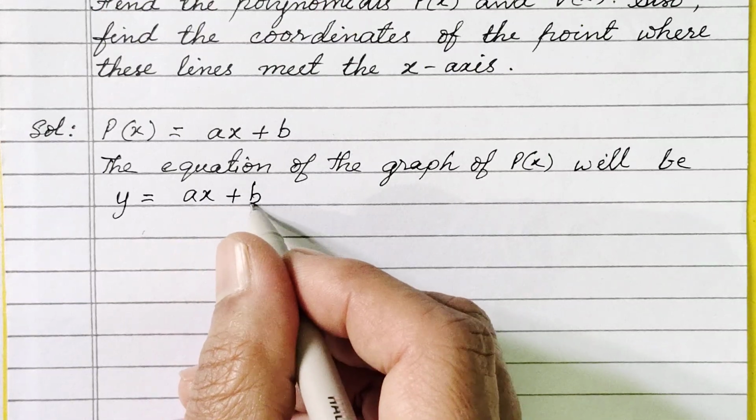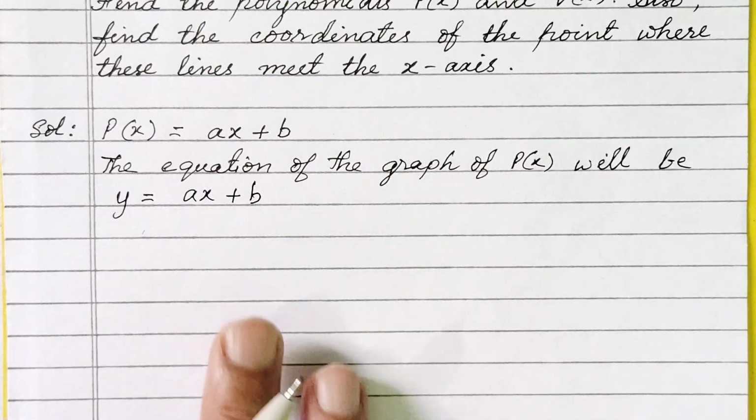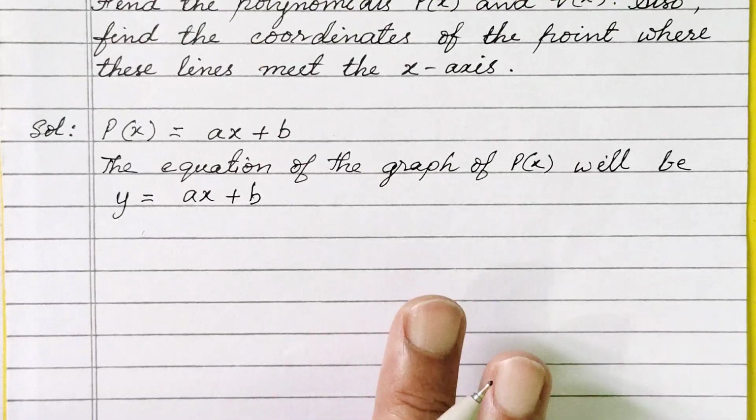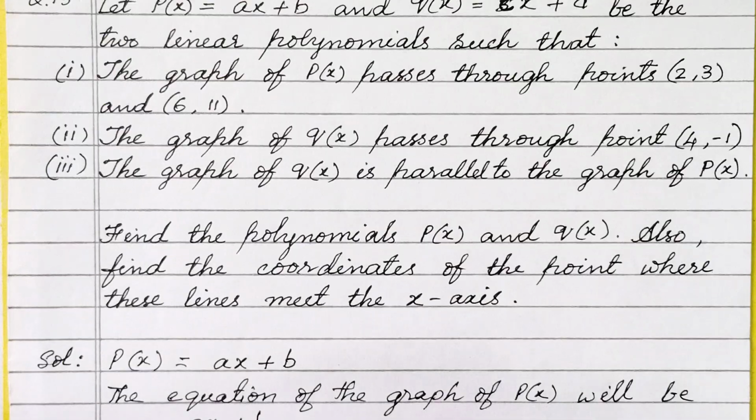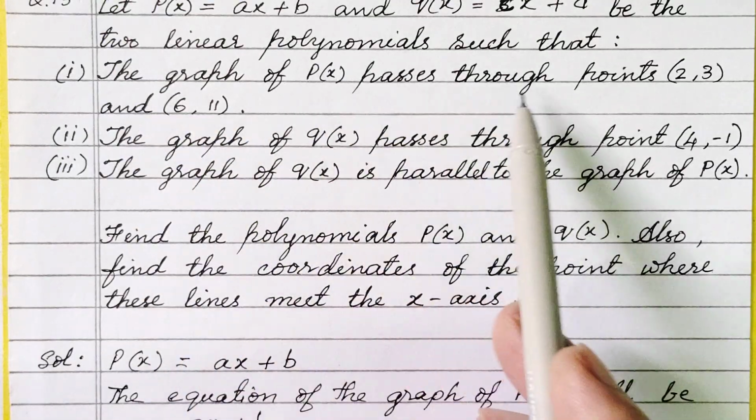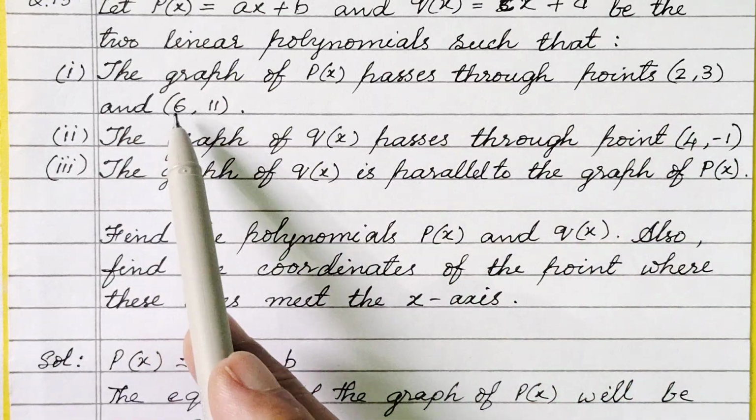This is the equation of the graph of p(x). Okay, we have been given that the graph of p(x) passes through points (2, 3) and (6, 11).